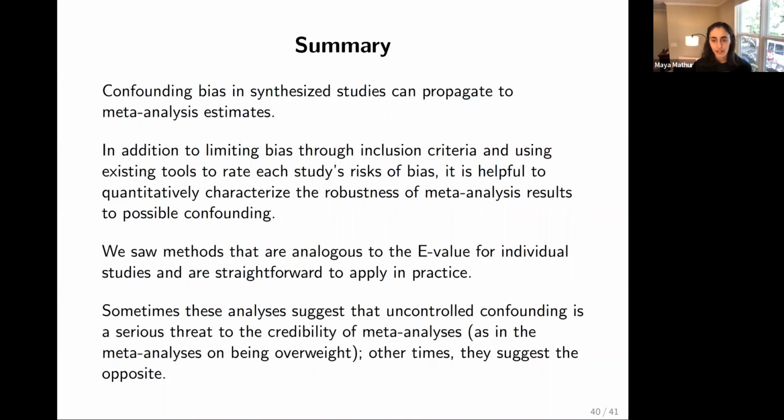We saw methods that are analogous to the E-value for individual studies, that are relatively straightforward to apply in practice and require relatively little knowledge about what the confounders actually are. Sometimes, as we saw in the applied example today, these analyses suggest that uncontrolled confounding is a pretty serious threat to the credibility of a meta-analysis estimate. But other times they suggest the opposite, especially if we have a pretty large point estimate for the meta-analysis, as well as fairly well-controlled studies that are being synthesized.